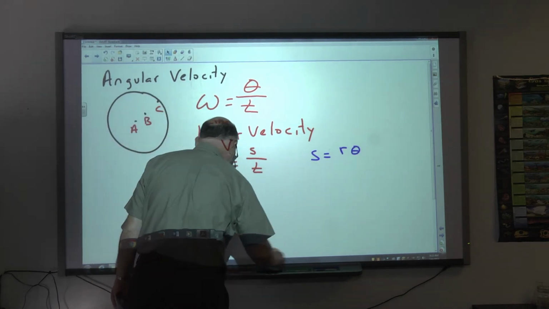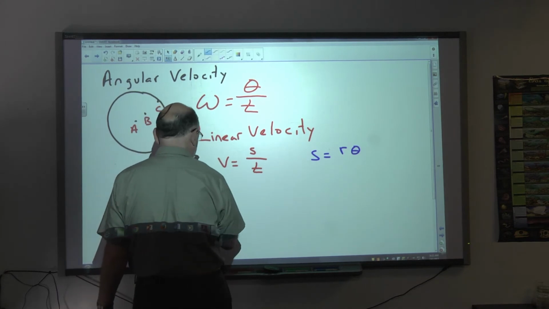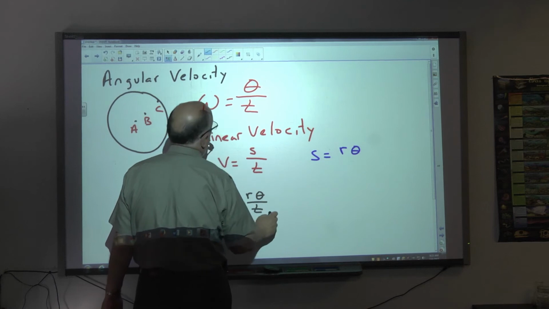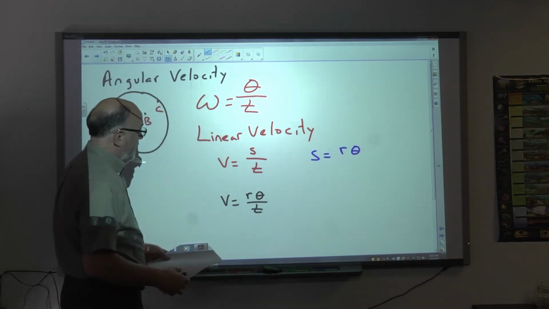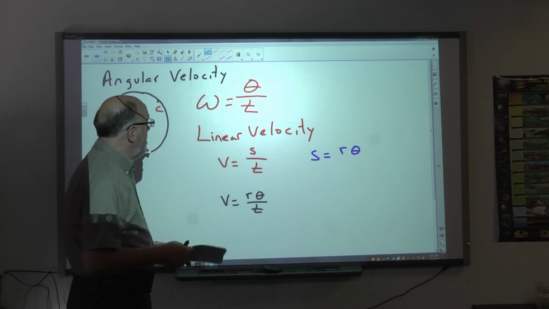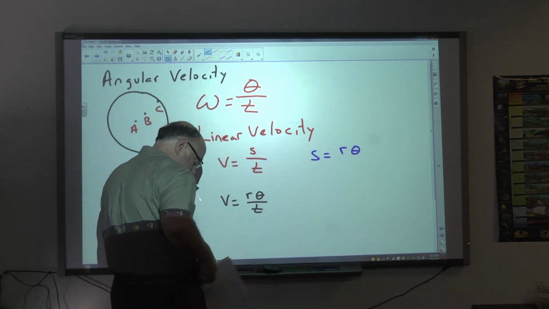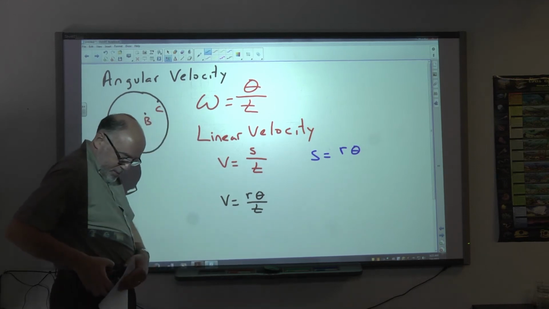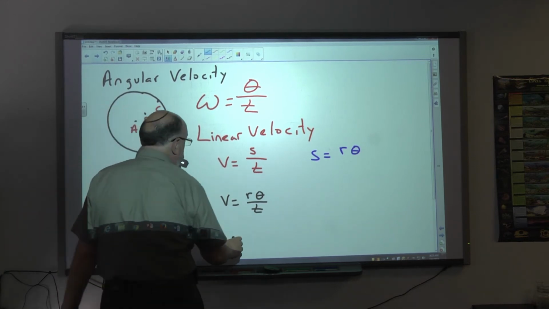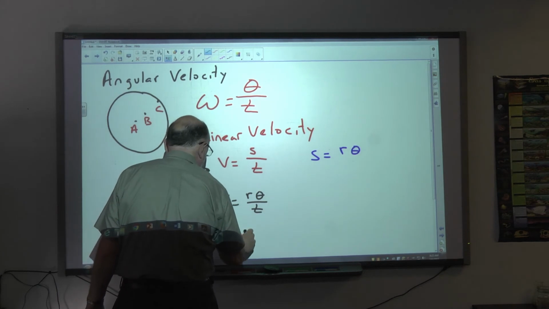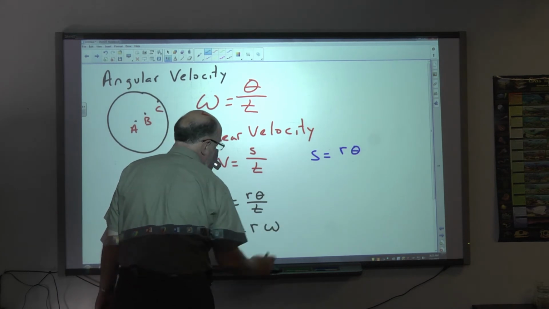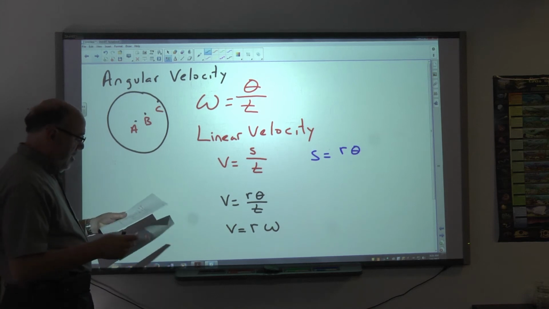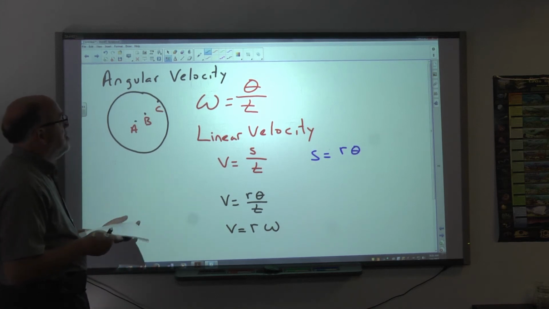And so I could also rewrite that the velocity would be r theta over t, right? But we know theta over t is angular velocity, and so velocity is given by r times omega. Right? So we have our formulas dealing with this, and we'll look at how this works in terms of some questions.